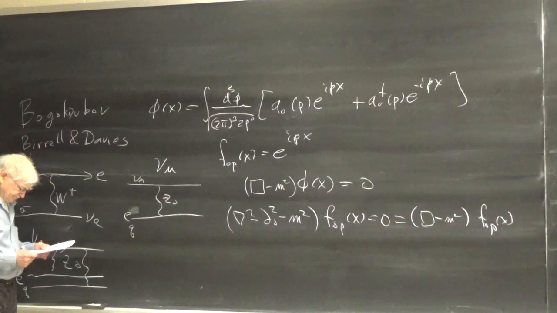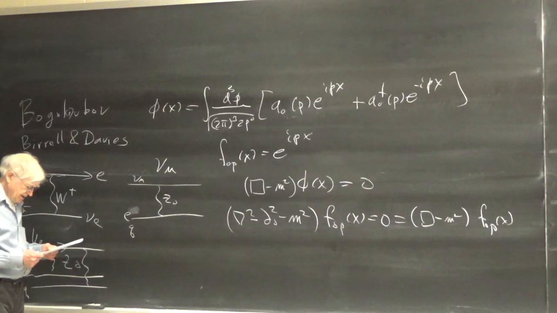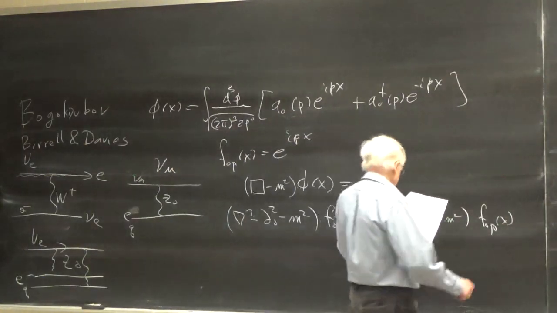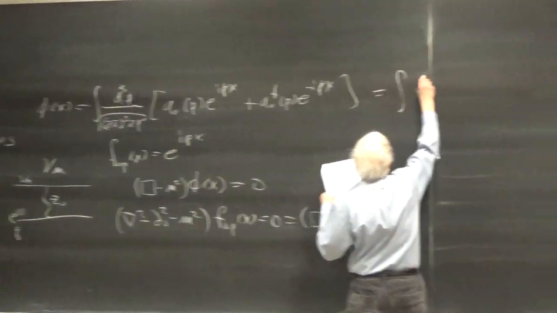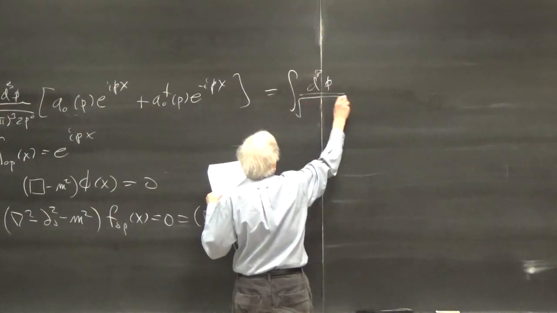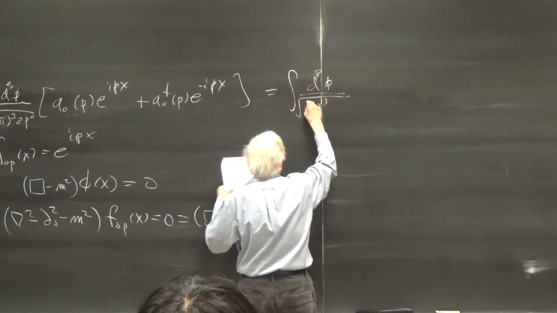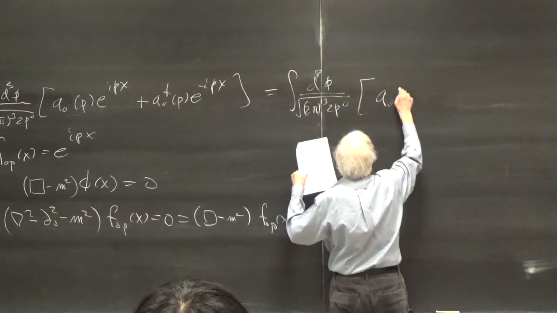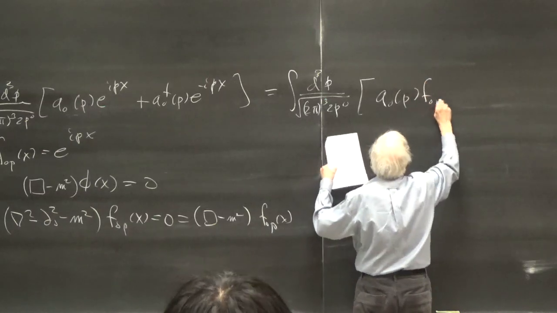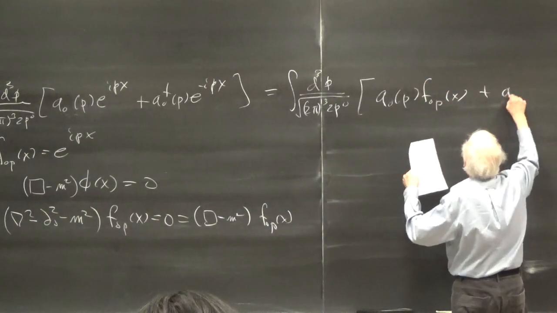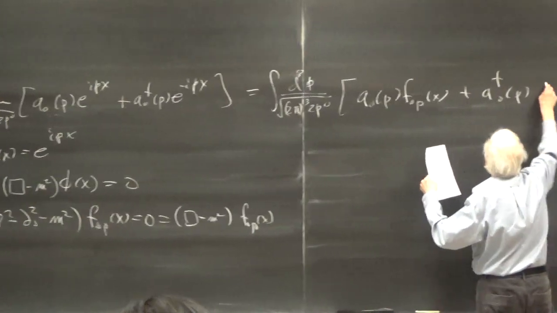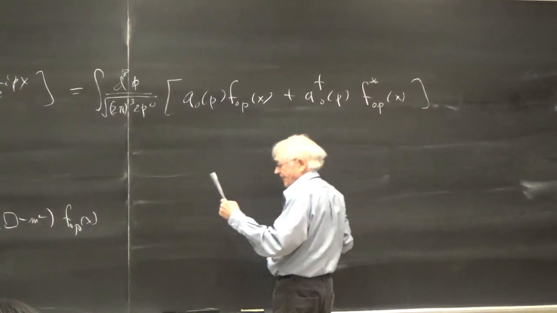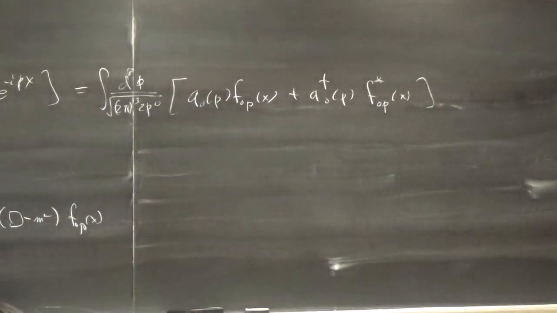Now, I'm going to rewrite this expansion in more explicit terms: a0p f0p of x plus a dagger 0 of p f0p star of x. Now, this was all flat space.